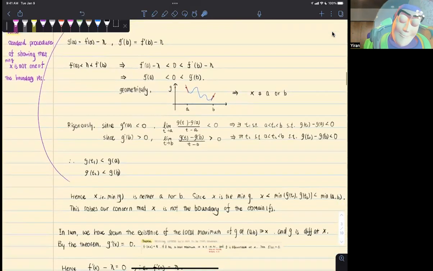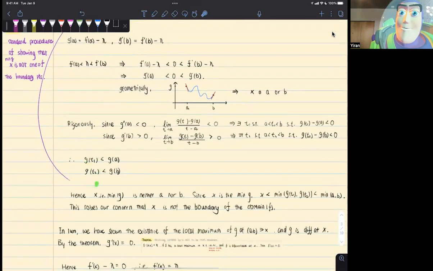So here we show the existence of T1 and T2, and we know from our assumption that the value of G of T1 is less than GA, and the value of G of T2 is less than GB. Therefore GX, which is the minimum of G, must be less than G of T1 and G of T2.